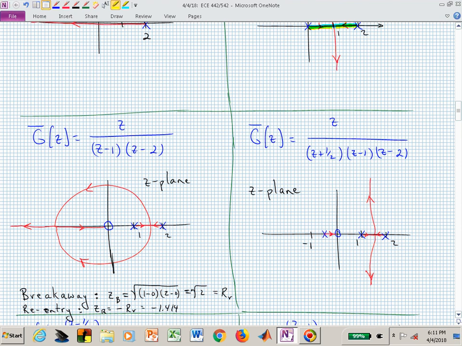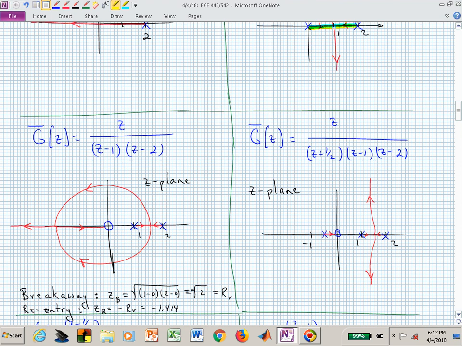Oh, what else do I need? How many root locus branches do I have on the far right, lower right? 3.